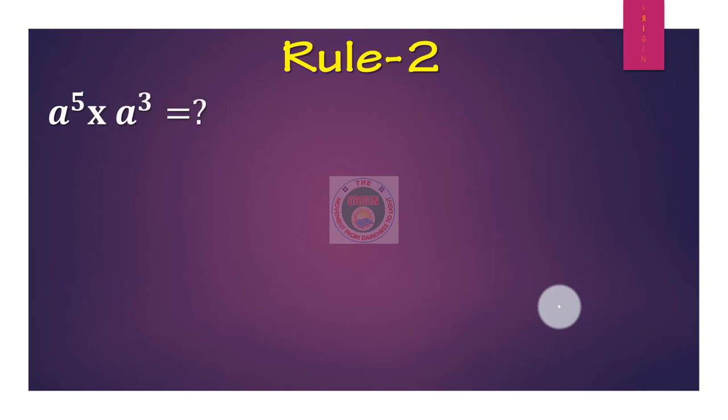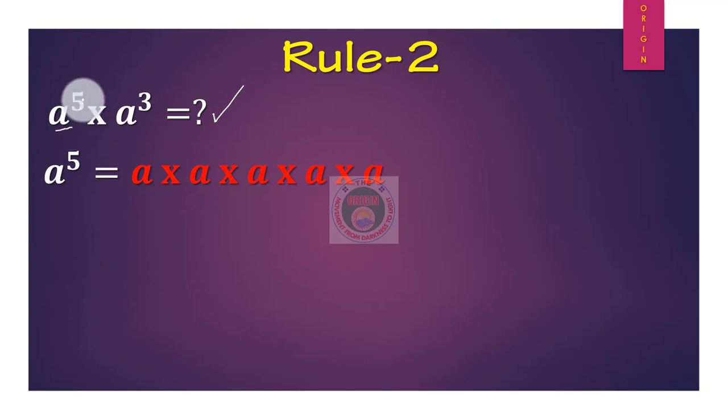Next, rule 2. Let me take an example problem before I explain rule 2. A power 5 into a power 3 equals question mark. What is the result of a power 5 and a power 3? A power 5 is a multiplied by 5 times. A power 3 is a multiplied by 3 times.